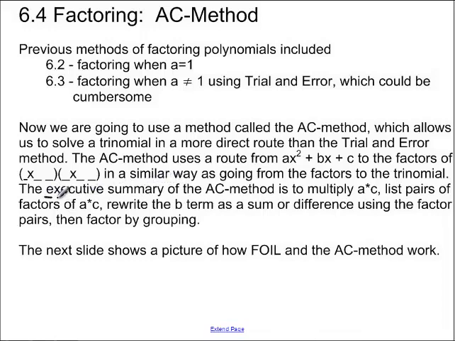The executive summary of the AC method is to multiply a times c, list the factor pairs of that a times c product, and then rewrite the b term in our original ax squared plus bx plus c as a sum or difference using those factors of the AC product. And then finally, we factor by grouping.